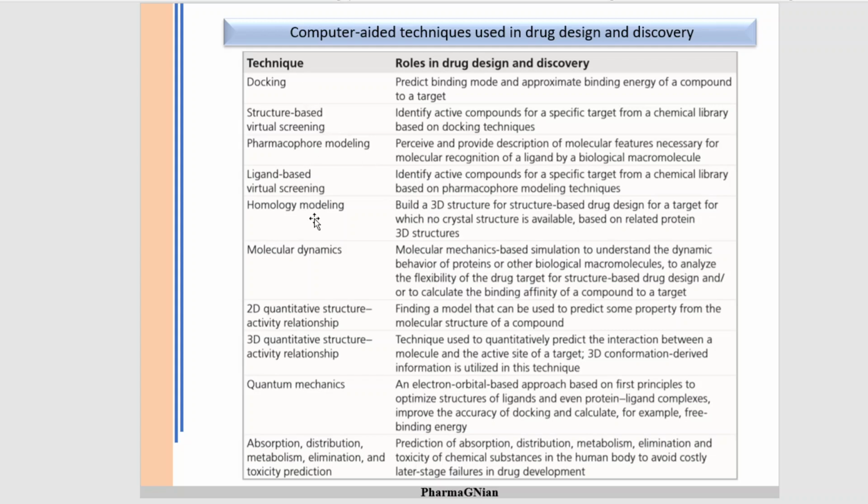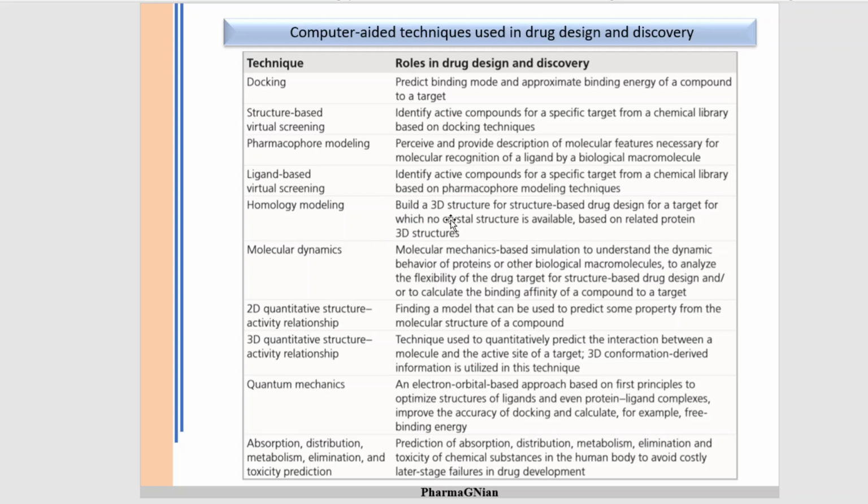Then the next technique is homology modeling. Suppose we want to do research on a particular target or disease, but you don't have that protein. Then we can develop the protein structure model according to the amino acid sequence.